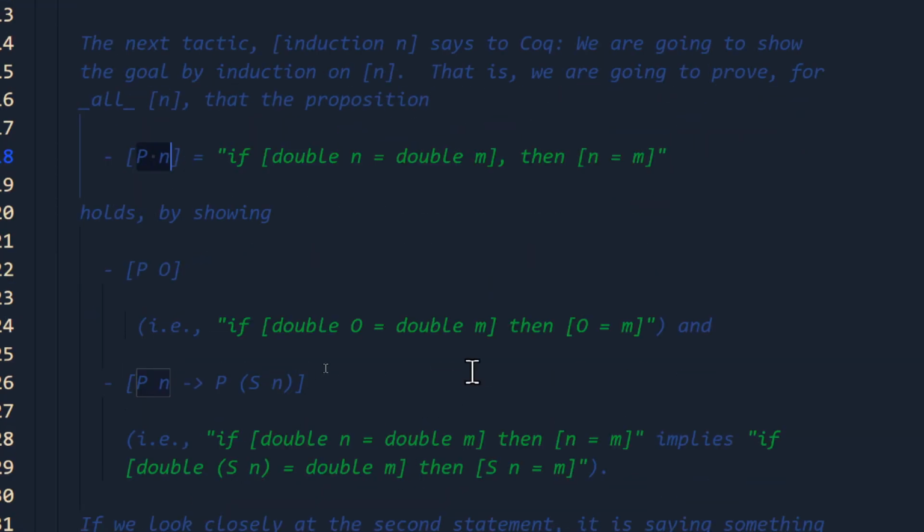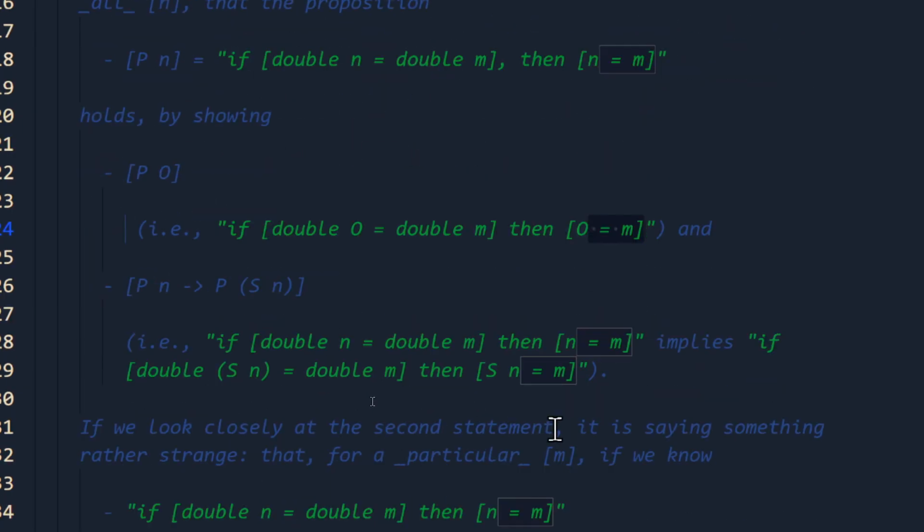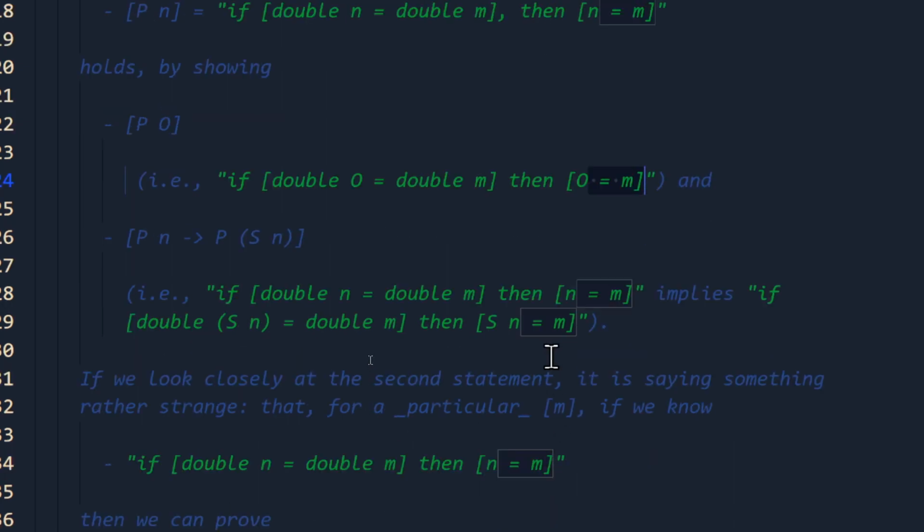Okay, so first, since we're doing induction, we show that if double 0 is equal to double m, then m is equal to 0. And then we follow up by saying, if P of n, then P of the successor of n, so the same statement holds for the successor, which is the inductive step.